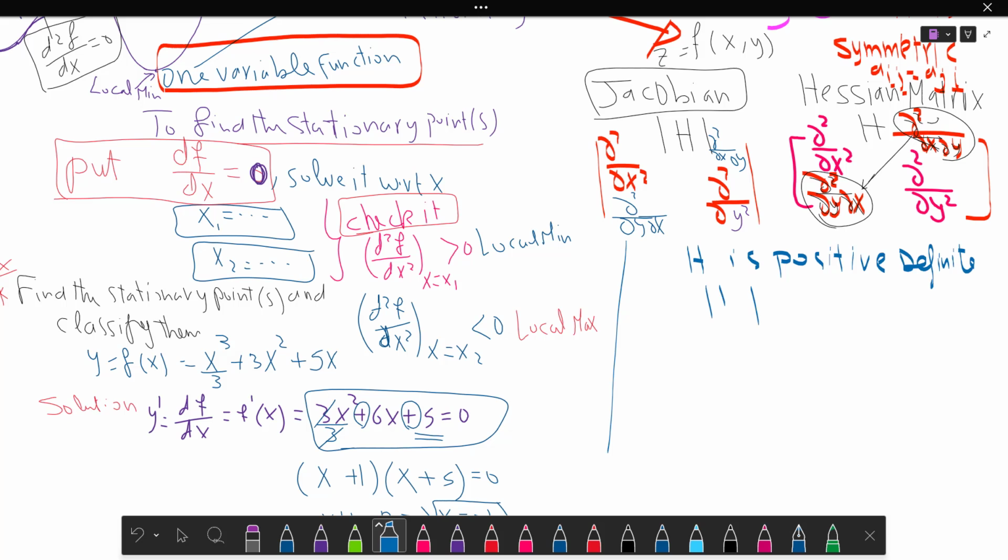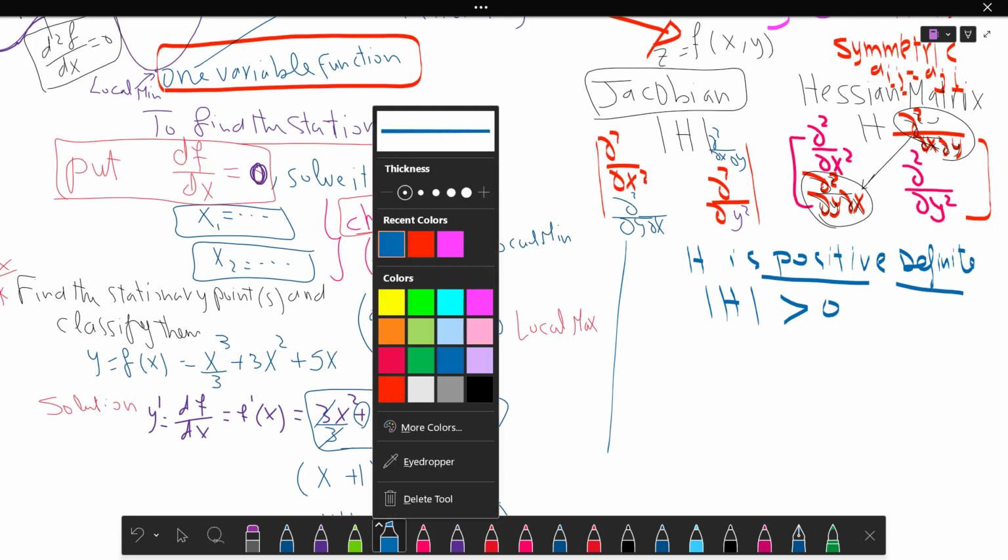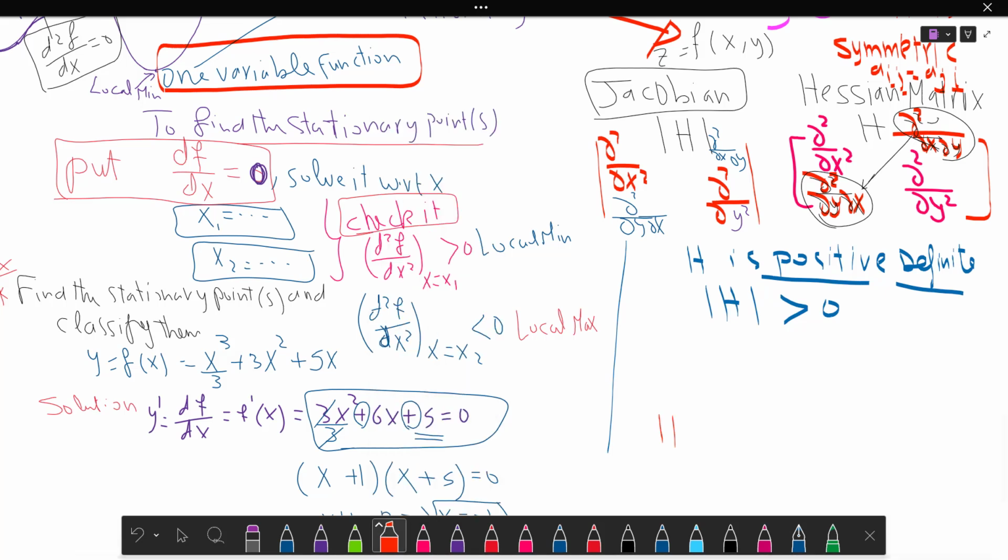When you have the determinant positive, this is what it means, positive definite. And then you know it is negative definite when what? The Jacobian or the determinant of the Hessian. Yep, good. When you have this one, they call it the saddle point.